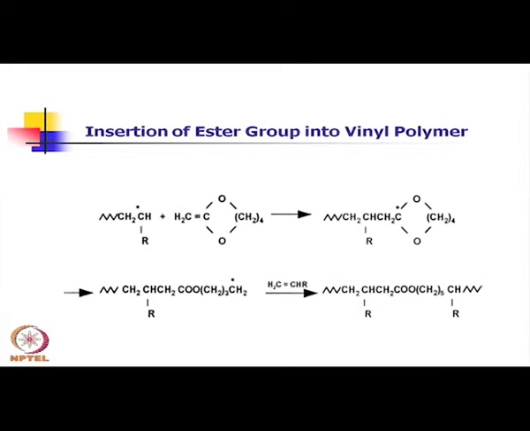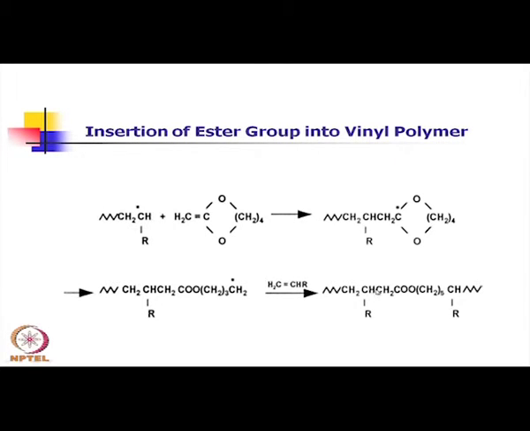Here is a reaction scheme which is basically the insertion of some ester group into a vinyl polymer like this. Here you see some ester group has been inserted in a vinyl polymer, which, being hydrocarbon in nature, has only a carbon-carbon backbone chain.